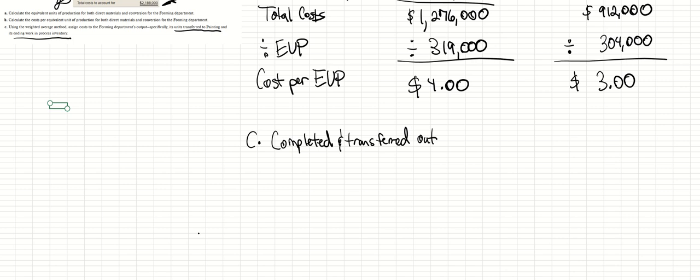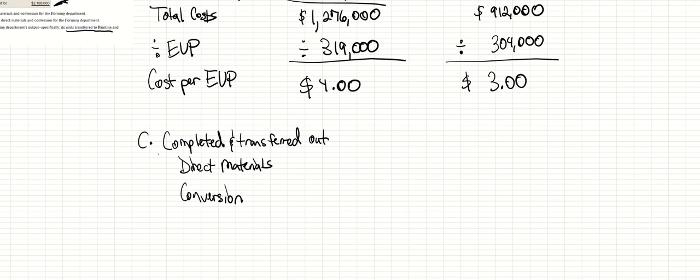Okay, so we're going to set it up with direct materials first, and then conversion second. The EUP is calculated in letter A for direct materials. Let me scroll up.